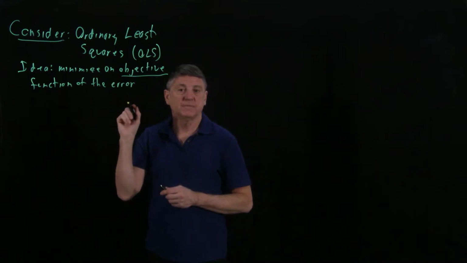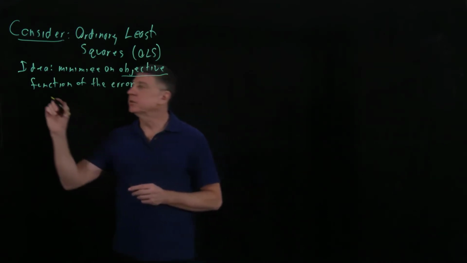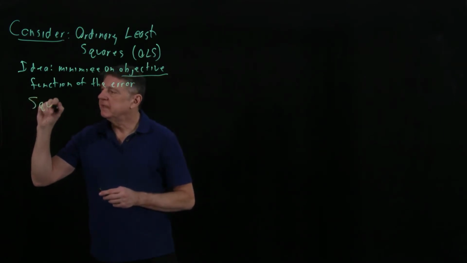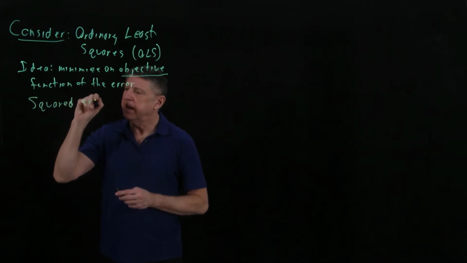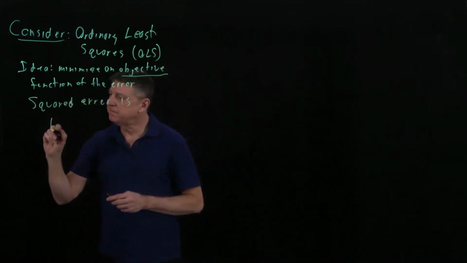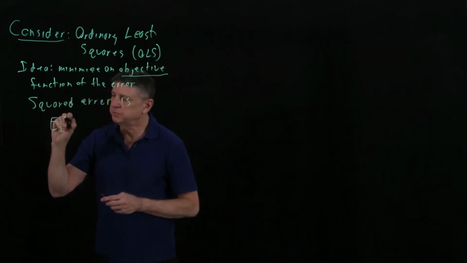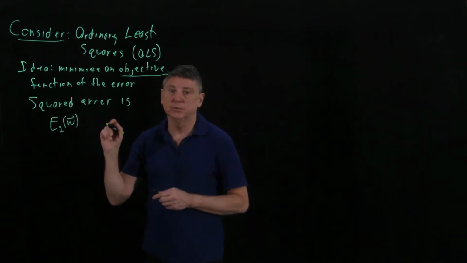And here our vector input is the weight vector W. The squared error is the one that's most often used, and this will often be written as error 2, because it uses the L2 or Euclidean norm.